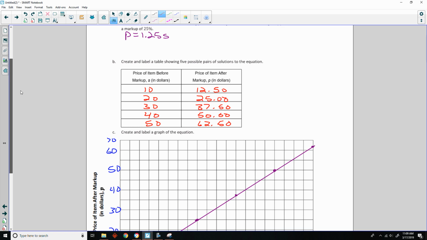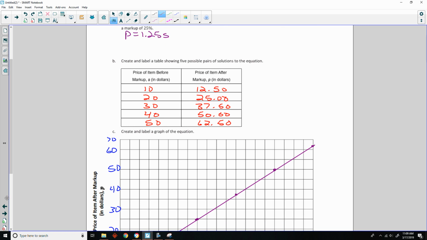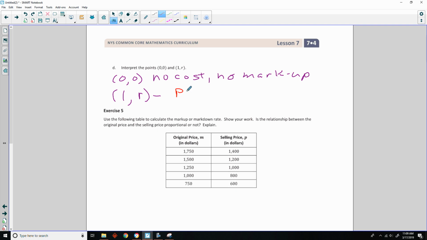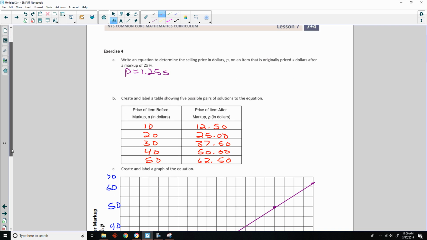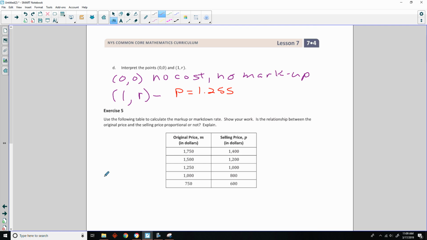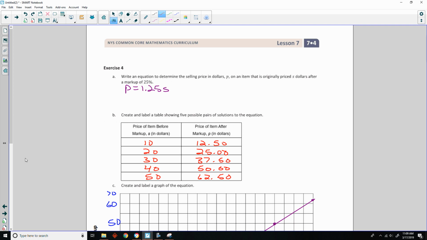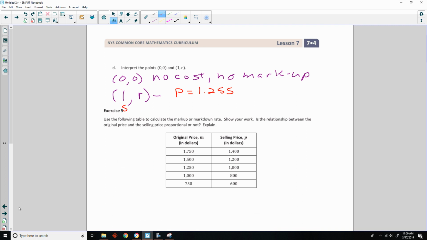And R, in this case, would be the amount if I substituted in a 1 for here, so I'm going to do that. So P equals 1.25 S. Okay, and my S was 1, because this is the point S, comma P. So if S is 1, then P equals 1.25. So my R is 1.25.